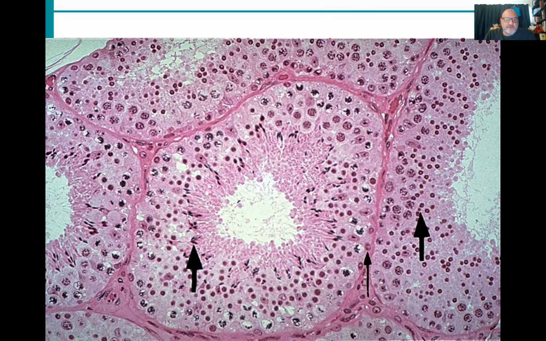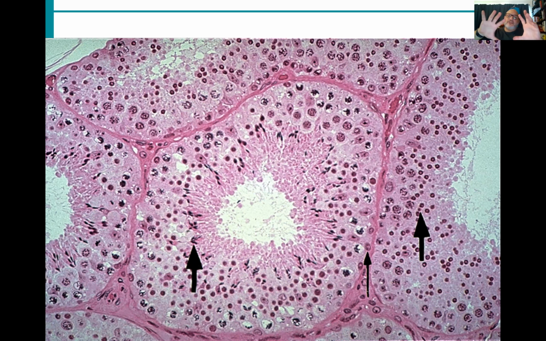Right, in the testis, perfect, absolutely. Right, and again, one of the ways we were able to identify that is by the cells at their different stages of division, right? Our spermatogonium, primary spermatocytes, secondary spermatocytes, early spermatids, late spermatids. We can see the flagellum and all of that.